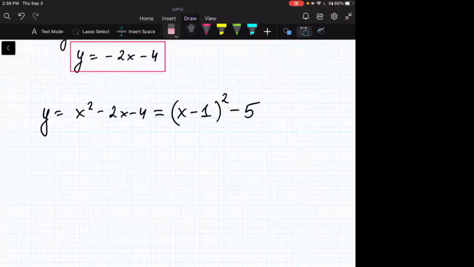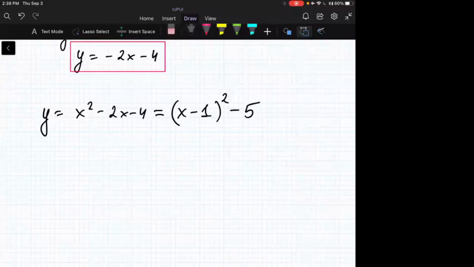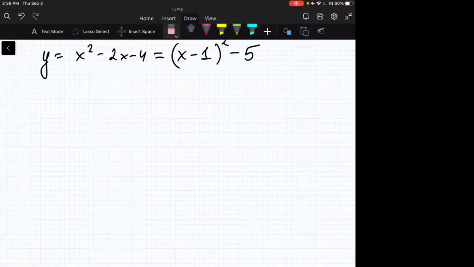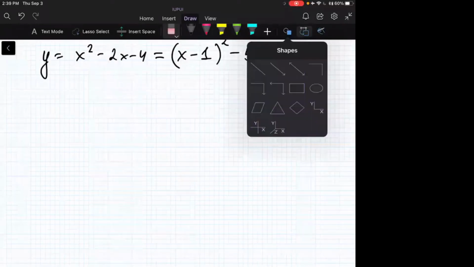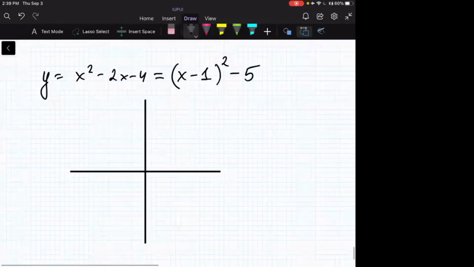It looks like this. Okay. So it shifted to the right.